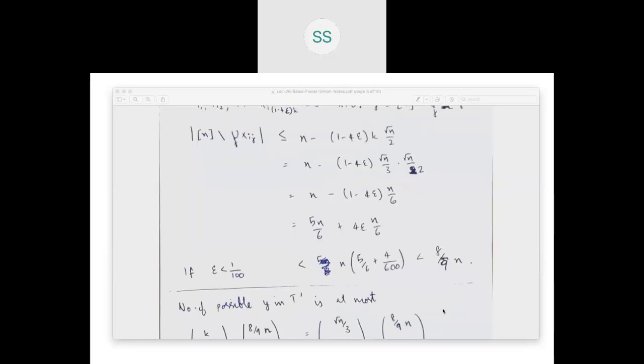So only 1/9 of the entries in n are gone. So it's a constant fraction, and that is enough for us to bound the number of elements of T prime. Let's see.